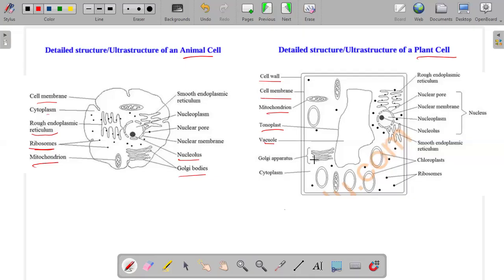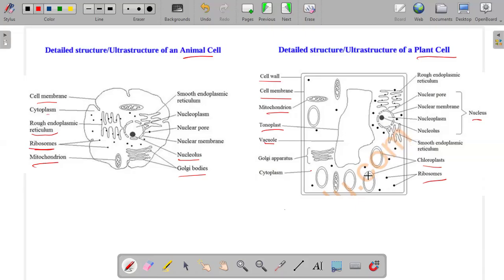Collectively we said they are the Golgi apparatus, but individually, you call them Golgi bodies. Then you have the cytoplasm, which we'll explain further. Then you have the ribosomes, the chloroplast, the smooth endoplasmic reticulum, the nucleus, and the rough endoplasmic reticulum.